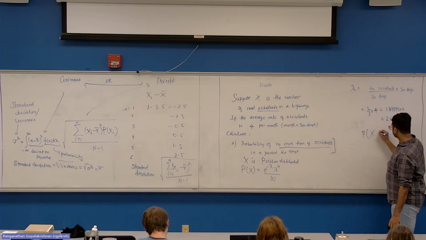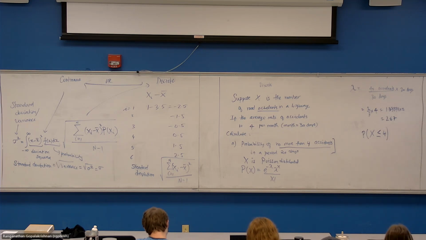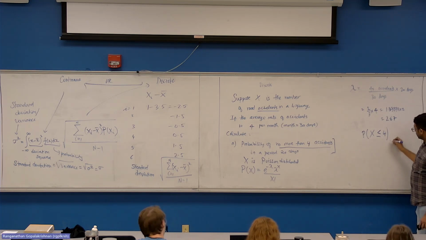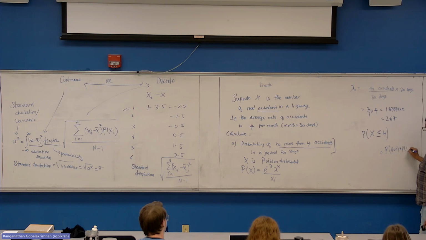So x is less than or equal to 4. And what is the probability of x less than or equal to 4? That would mean it can take 0, it can take the value of 1, 2, 3, or 4.